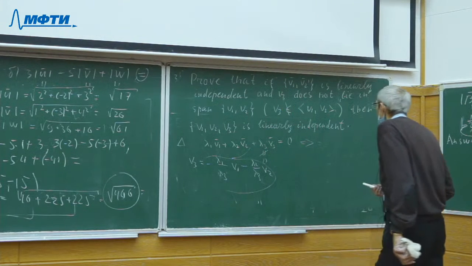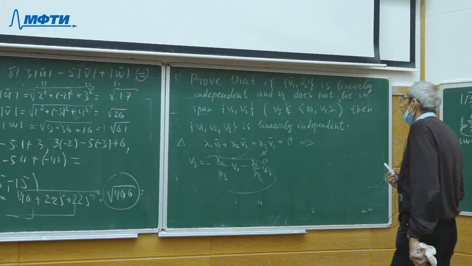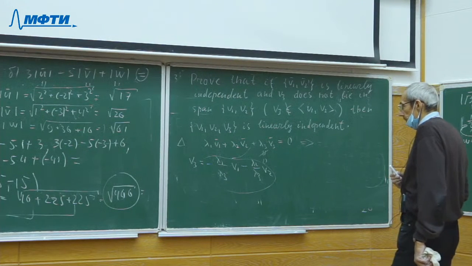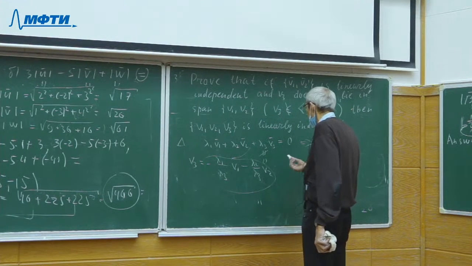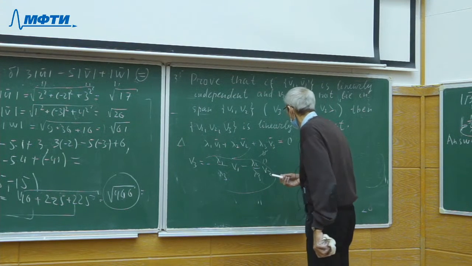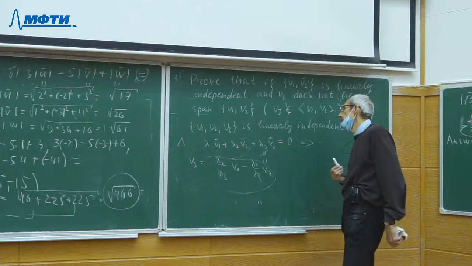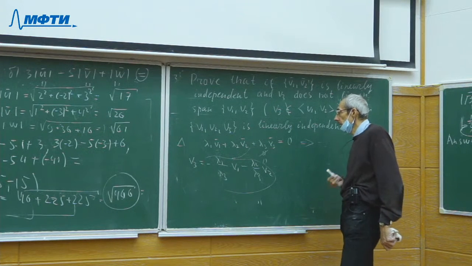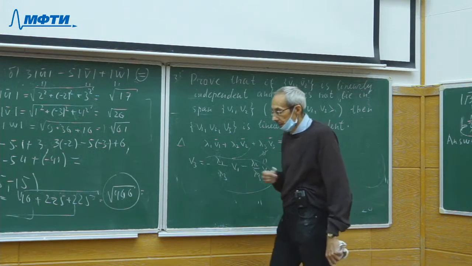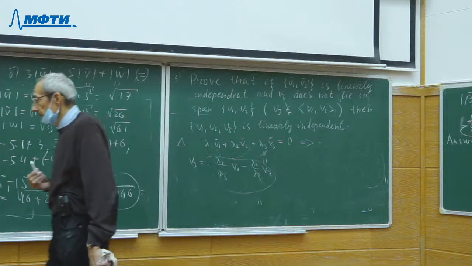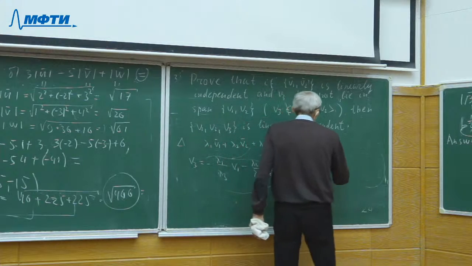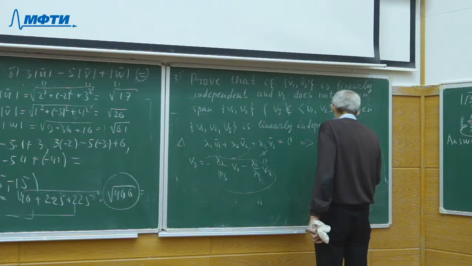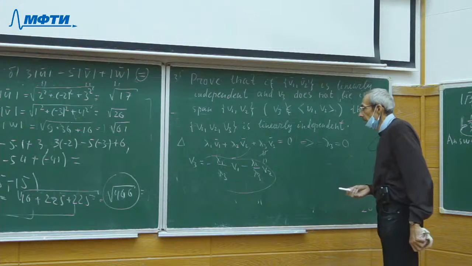The vector v3 does not lie in the span of these vectors. We obtain that the coefficient lambda 3 must be equal to 0. Lambda 3 is equal to 0.